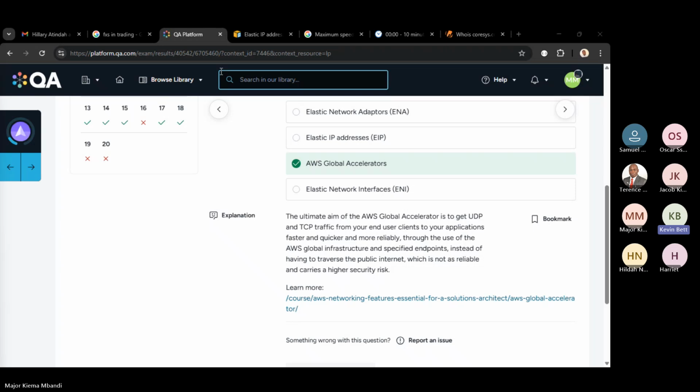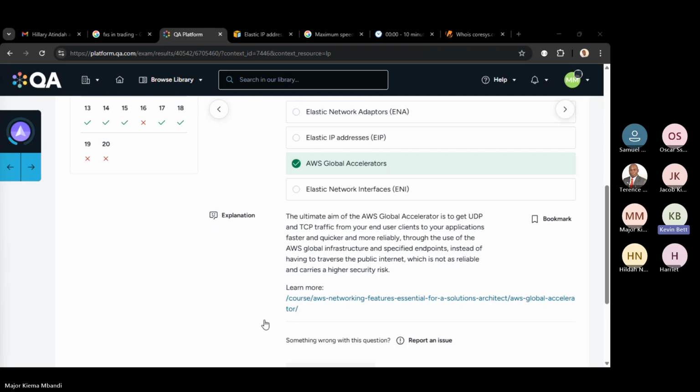If I'm to give an example, if I'm to query an application which is seated in the US, by default, without using the accelerator, the traffic would be going through the internet. So basically from Nairobi to Mombasa, wherever it goes, to where the application is hosted, which for this example is the US.